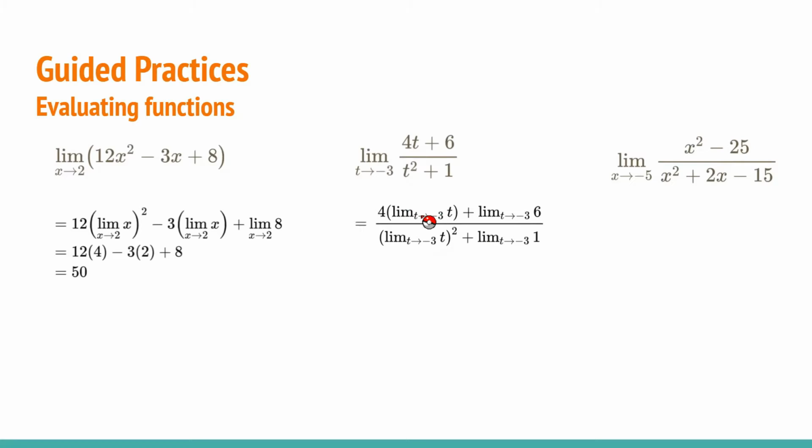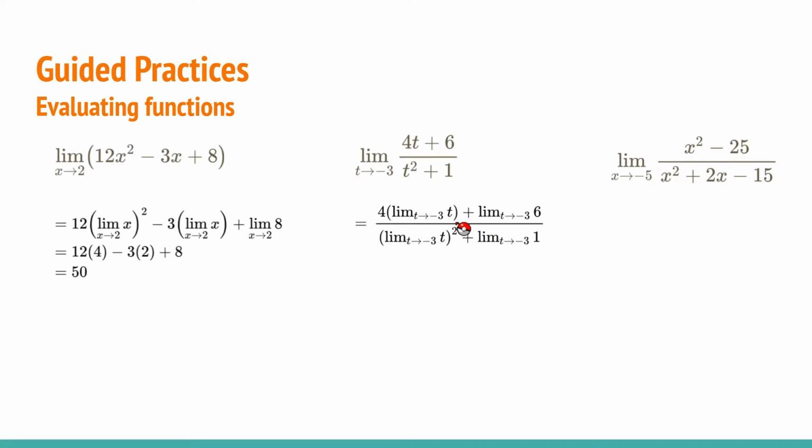Now we are left with the limit of t as t approaches negative 3, plus the limit of 6 as t approaches negative 3, and then over the limit of t as t approaches negative 3 raised to the power of 2, plus the limit of 1 as t approaches negative 3.